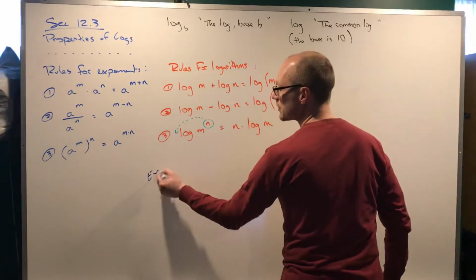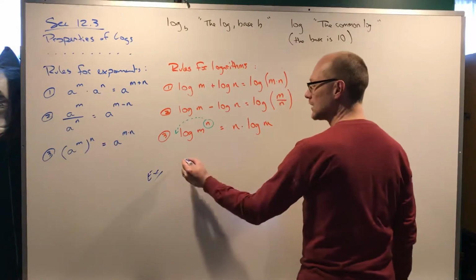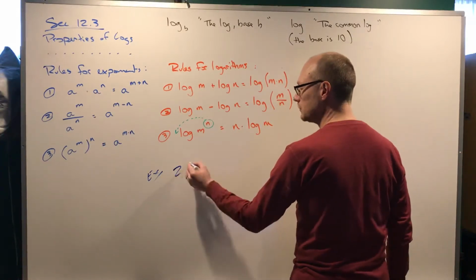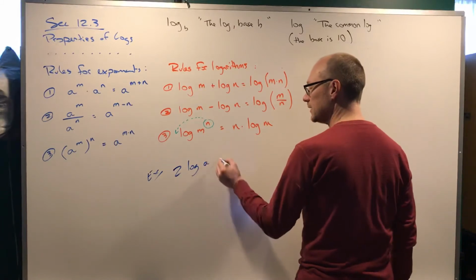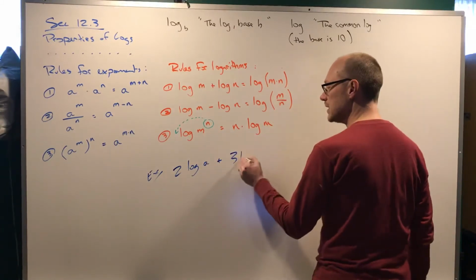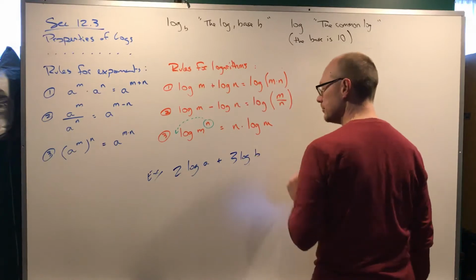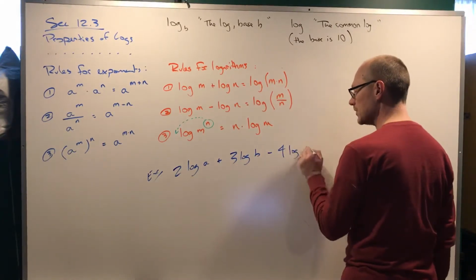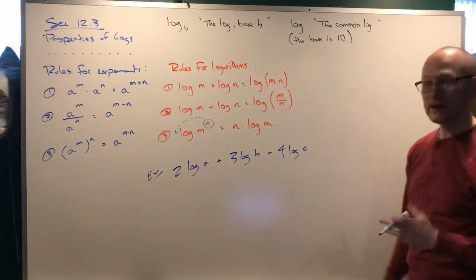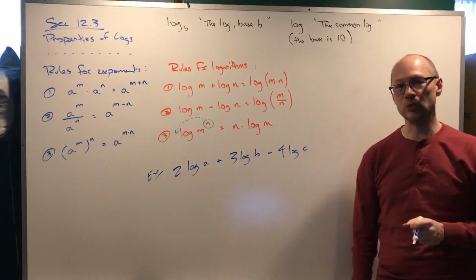Here's our first example. Let's say I want to combine together 2 common log a plus 3 common log b minus 4 common log c. Now, how can I combine those all together into a single log?